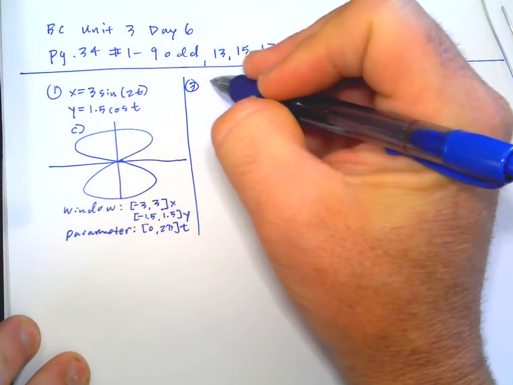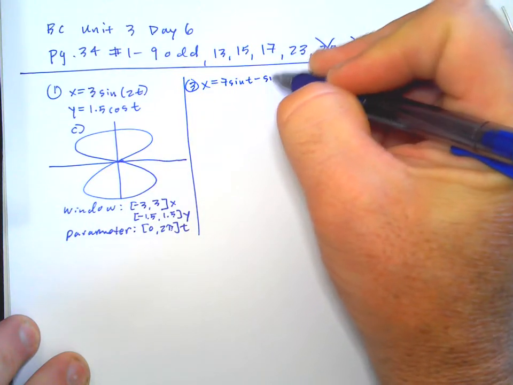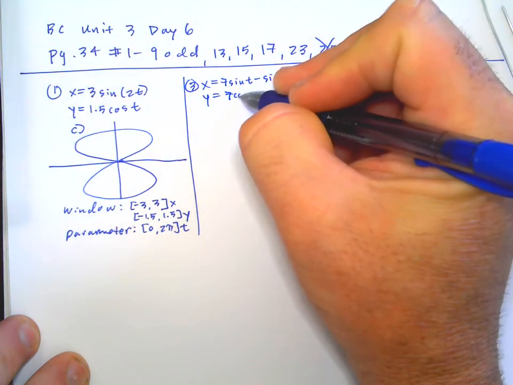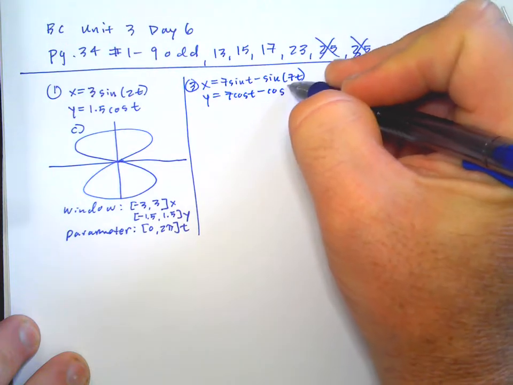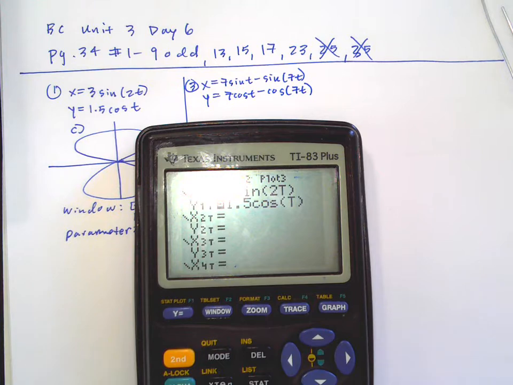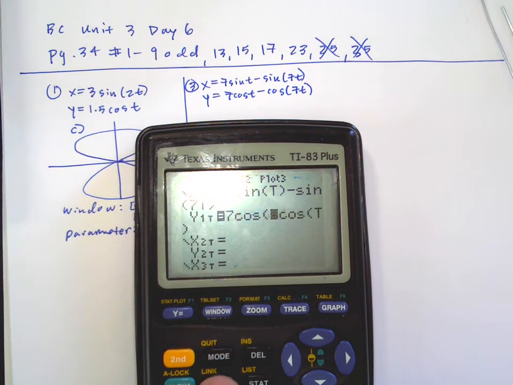Okay? So number 3, try this one. I'm going to just write the problem down first real quick. Okay, I'm going to just type this in. So go to y, 7 sine of t, minus sine 7t, and then this one's going to be 7 cosine t, minus cosine 7t.